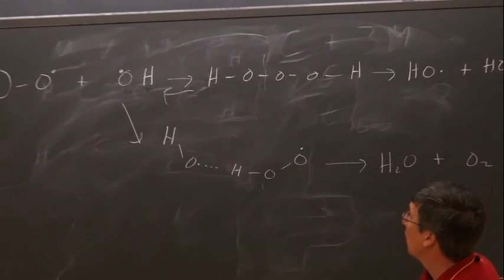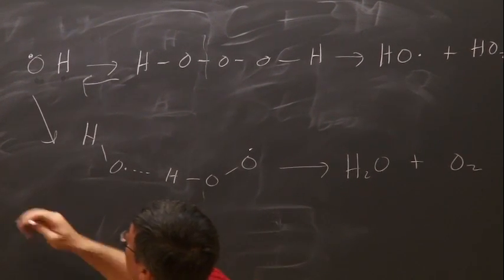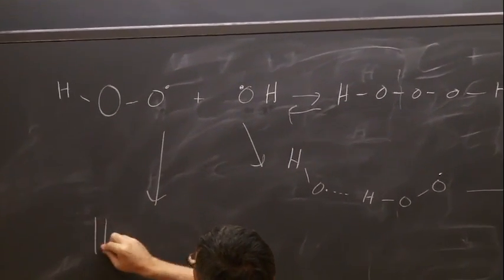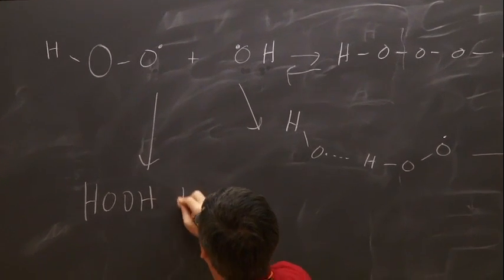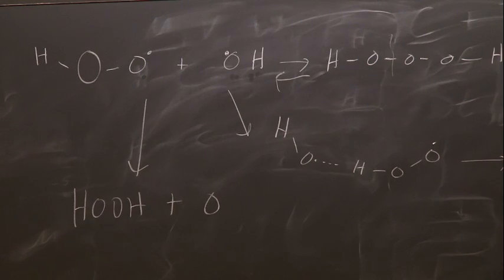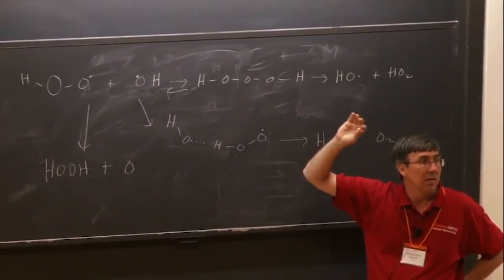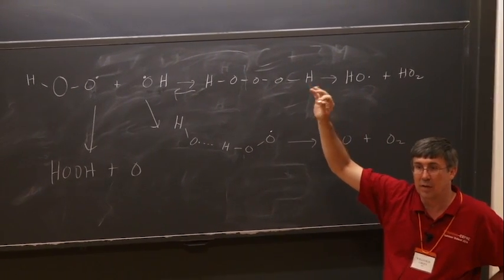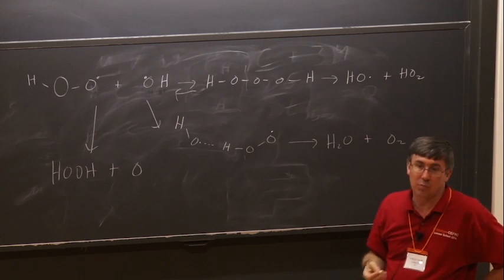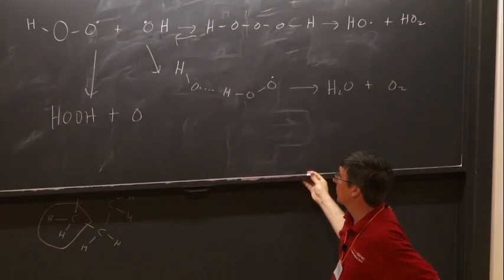And I think there's even a way that this O could grab that H, and you could go to HOOH plus O. So there's multiple different possible product channels, even for just a 4-atom system like this. If you get a complicated fuel molecule, like in gasoline or diesel, oftentimes there might be 20 different possible channels or more.